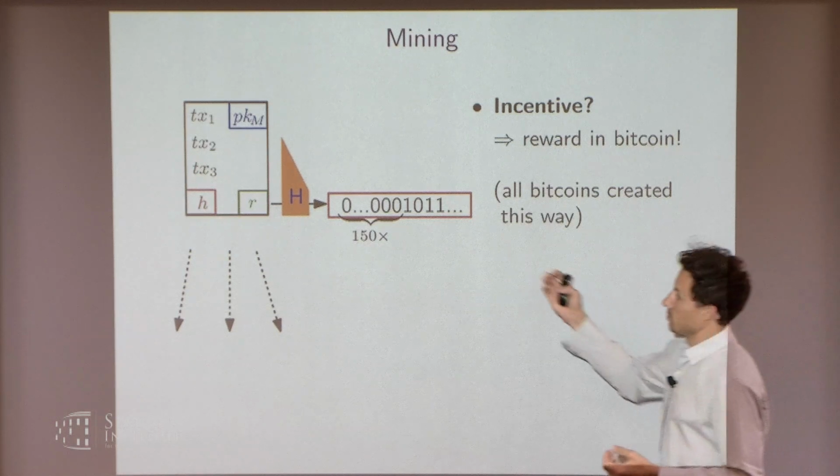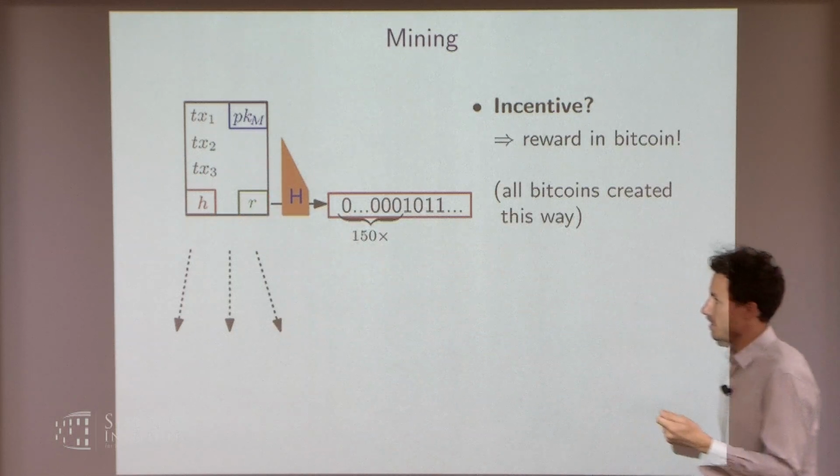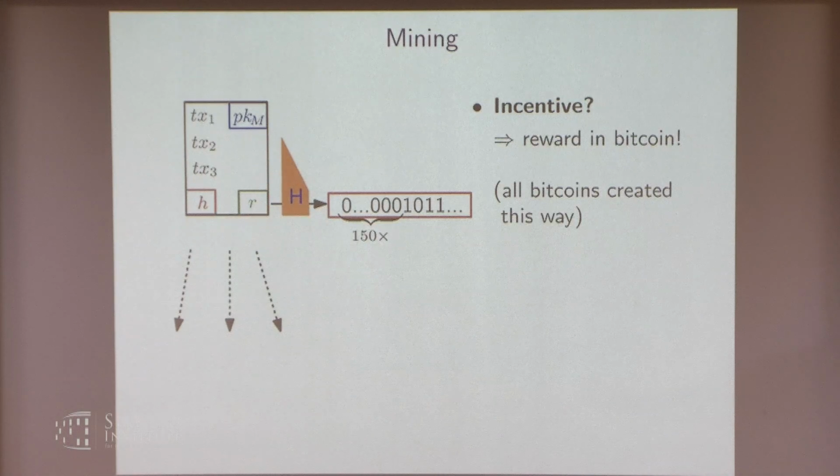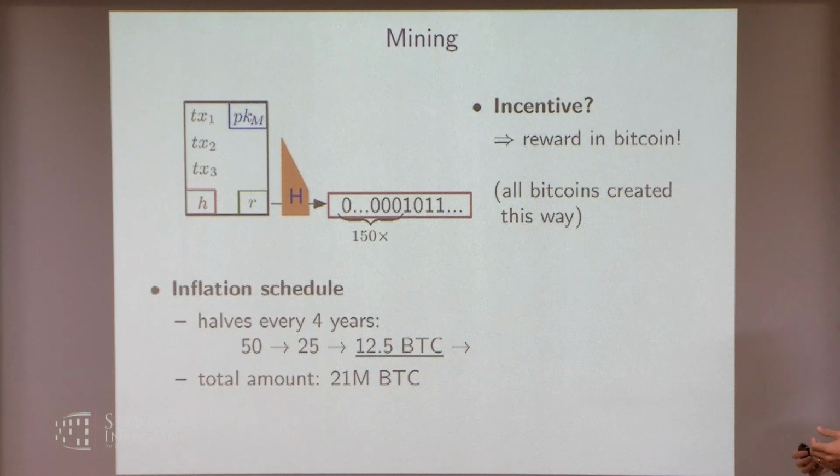So what the miner will do is, in this block, he will also put his public key, and then by definition of the protocol, this public key gets assigned a certain amount of freshly created bitcoins. How many? Well, it depends on what year we're in. So now I come to this controlled or limited inflation that I mentioned at the beginning.